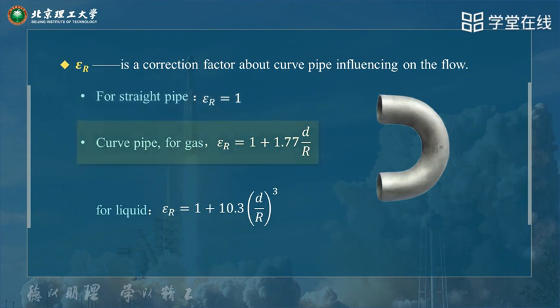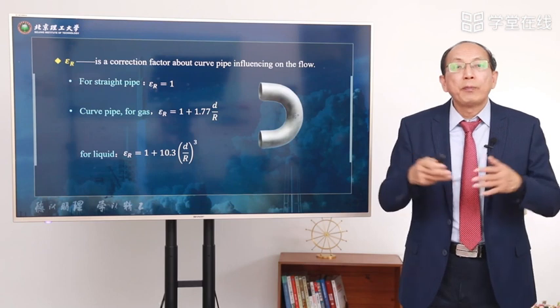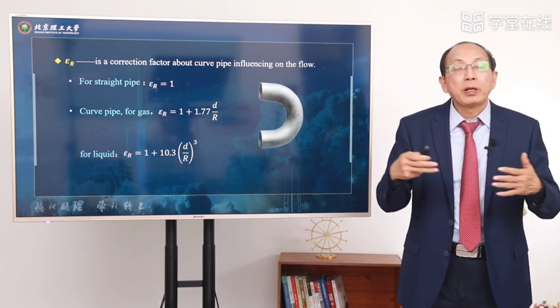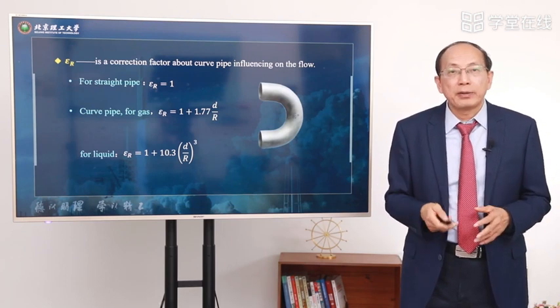For curved pipe with gas, epsilon R equals 1 plus 1.77 times D over R. For liquid, epsilon R equals 1 plus 10.3 times (D over R) to the power of one third. So it becomes larger than 1.